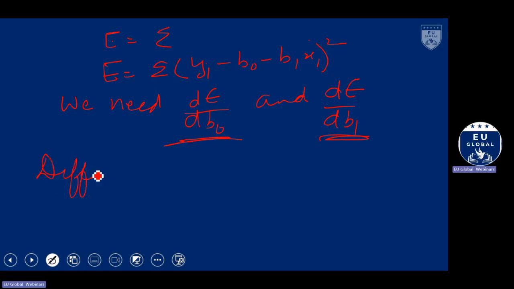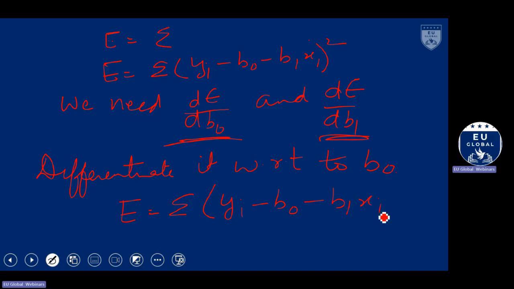So first of all, we are going to differentiate it with respect to B naught. In this, we get E is equal to summation of yi minus beta naught minus B1 xi whole square. So here we are going to find the derivative.